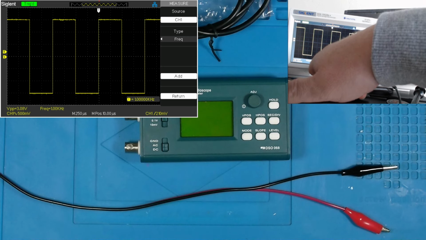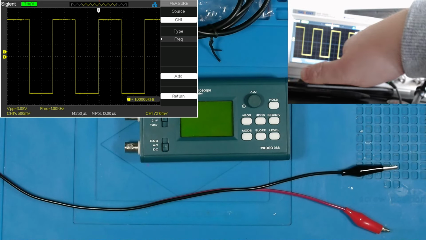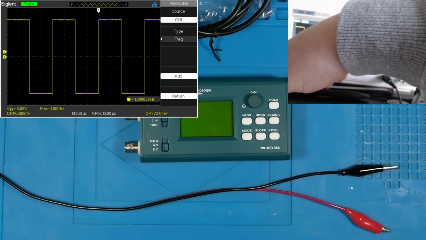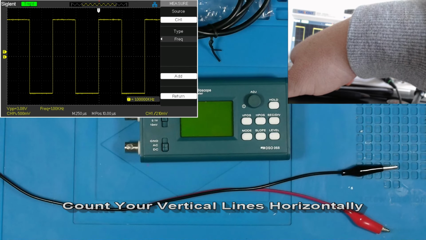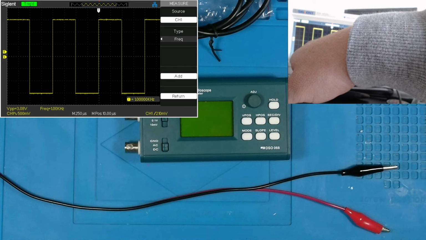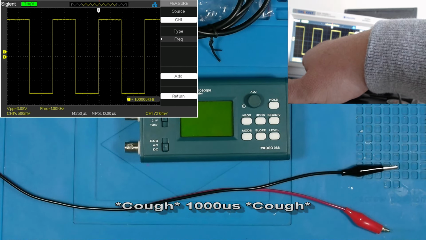Well, we're on the 250 microsecond scale, going horizontally. So if we count 1, 2, that's 250, 500, 750, 1.